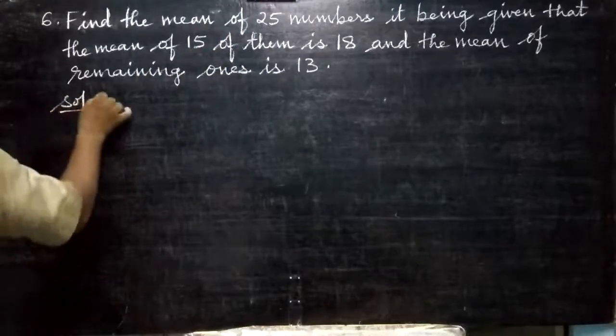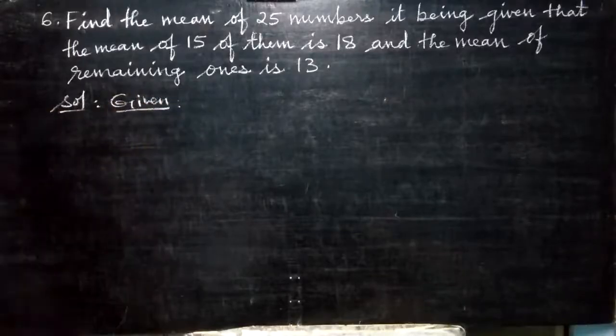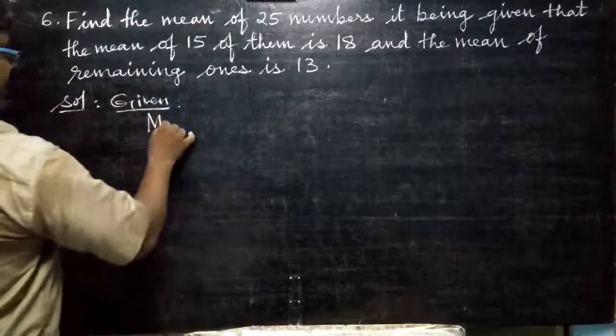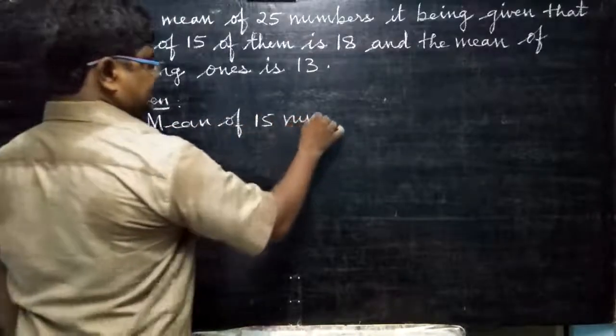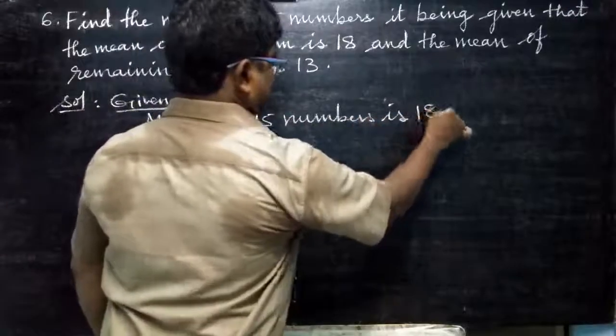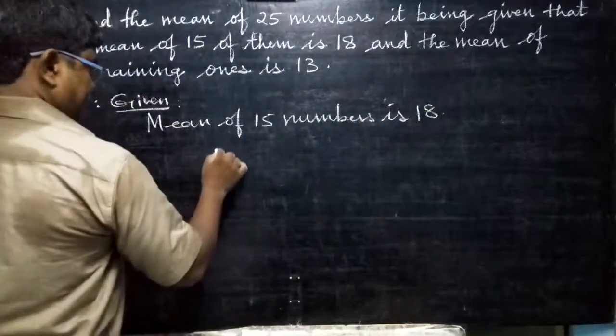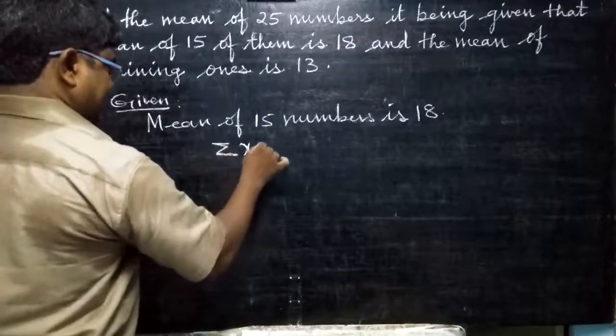Solution: what they have given is that the mean of 15 numbers is 18. The mean formula we know: sigma xi by n.